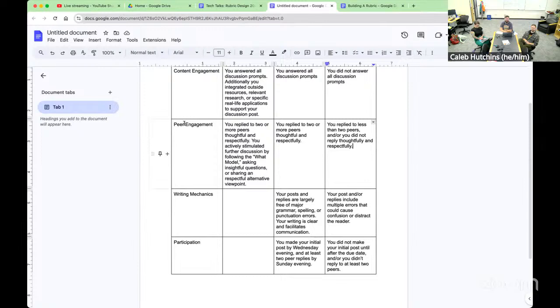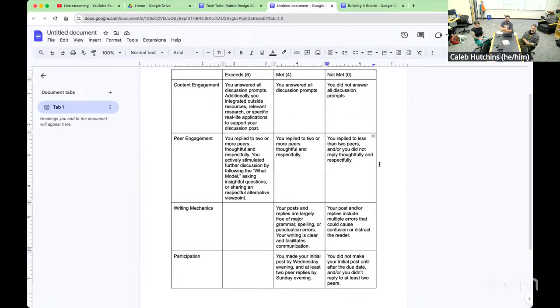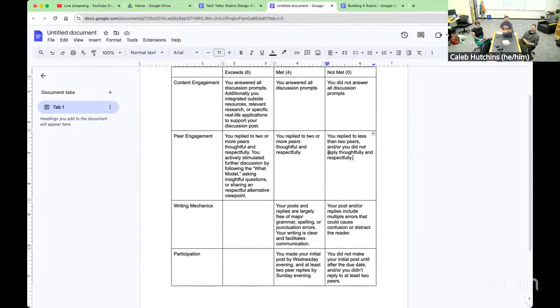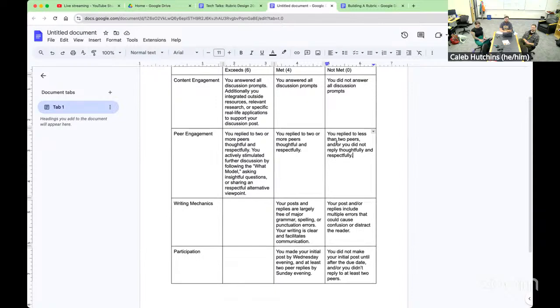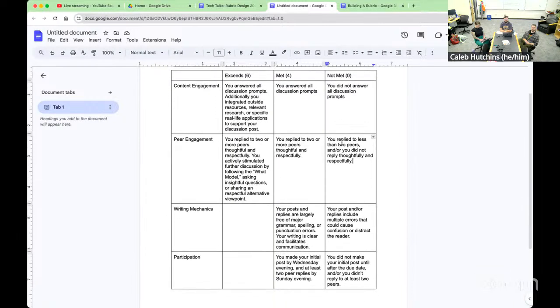So if you have one about the participation logistics, did you reply to 2 peers, and then a different one about substantive and respectful replies, you might want to do that. Whereas if it's later in the course, heading towards the end, maybe it's more of a summative assessment at that point, and maybe you don't need as many criteria. So there's different ways to think about it. I'm not saying one is right or wrong. Those are the kinds of questions you want to ask yourself as you're designing a rubric.